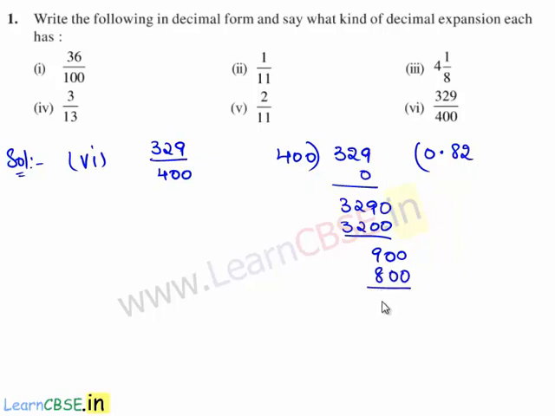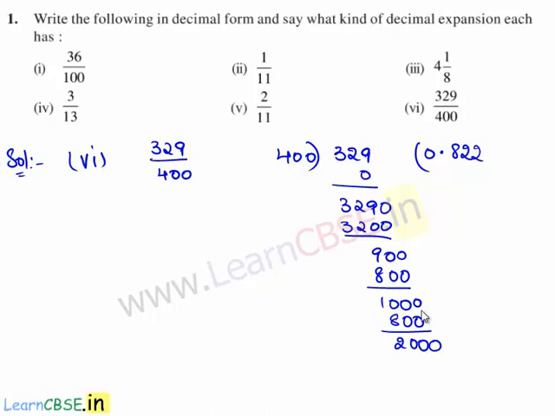Now we are left over with remainder 100. And because of the decimal point, 100 becomes 1000. And 400 goes in 1000 2 times, as 400 times 2 is 800. The remainder is 200. And because of the decimal point, 200 becomes 2000.